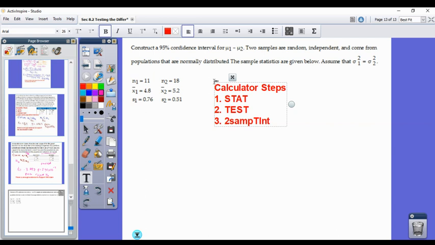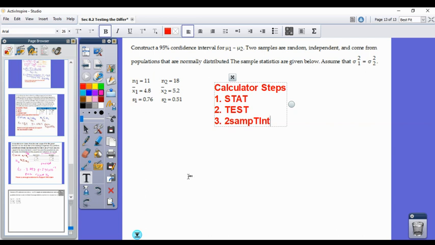And so then you're going to type everything in, and we're going to go down to the C level. That stands for confidence level. So in this case, it's 95%, so it's 0.95. And then pooled, again, that means if your population variances are equal. And since they told me that right up here, it says assume that the first population variance and the second population variance are equal. So I'm going to say yes for pooled, and then I'm going to click calculate.